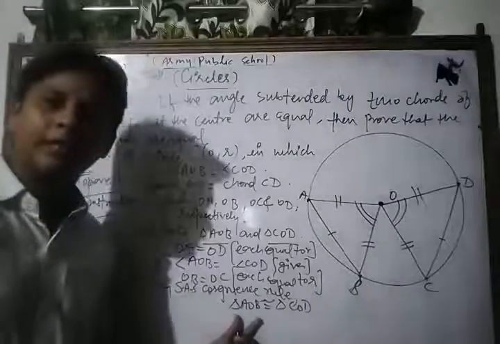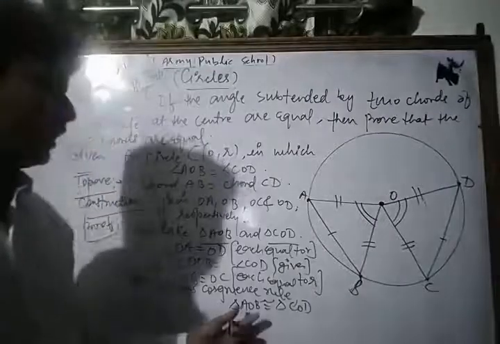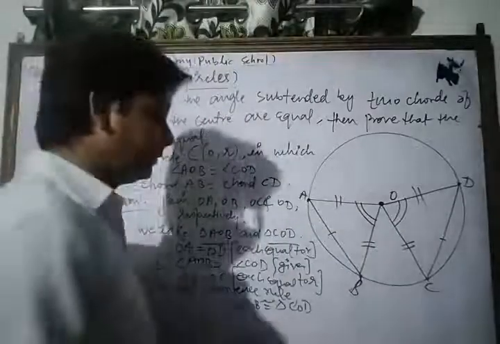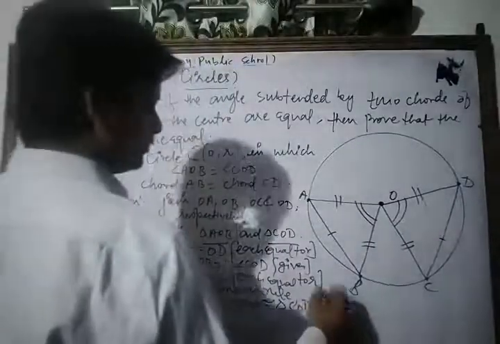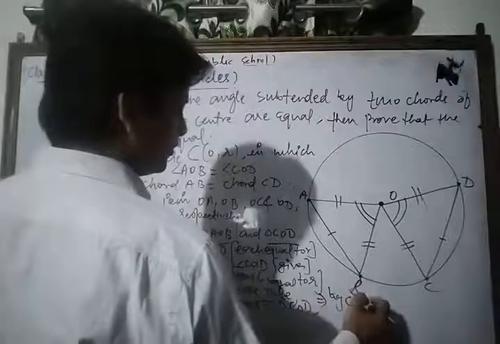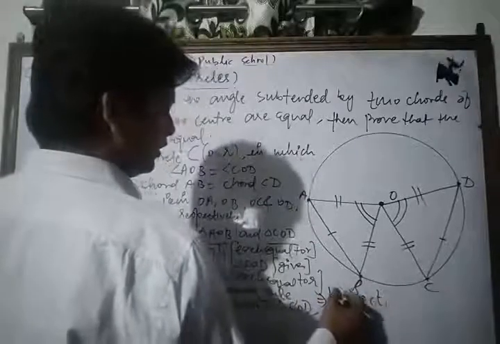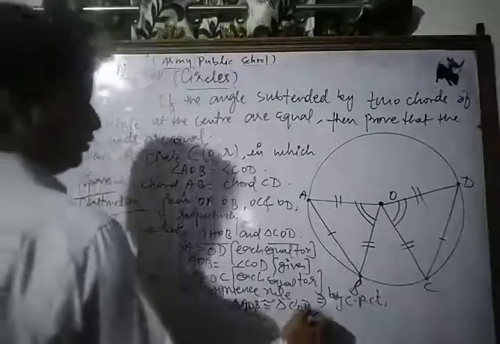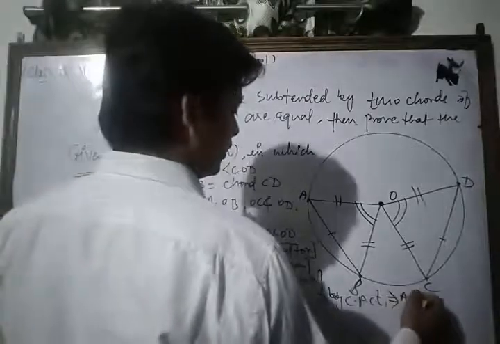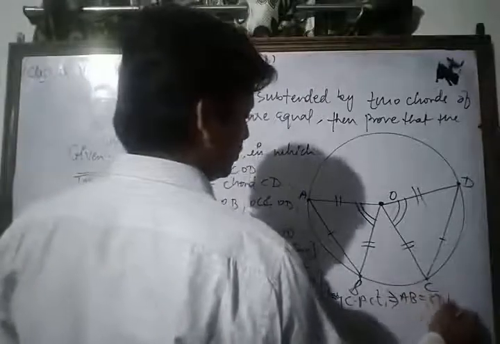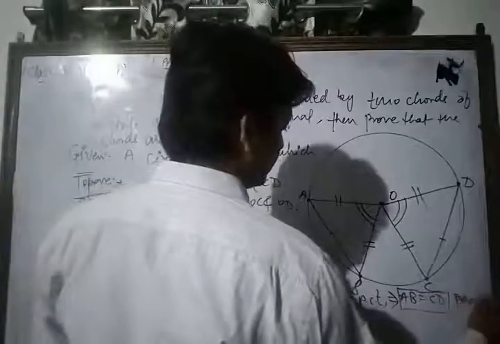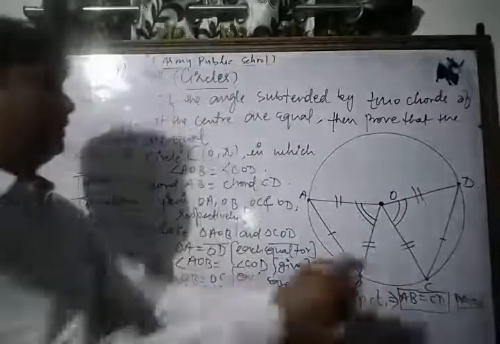We have to show that triangle AOB is congruent to triangle COD. Thus by CPCT, chord AB is equal to CD. Hence proved.